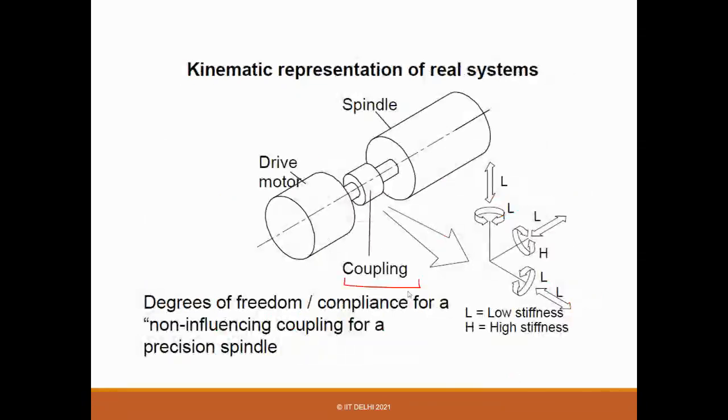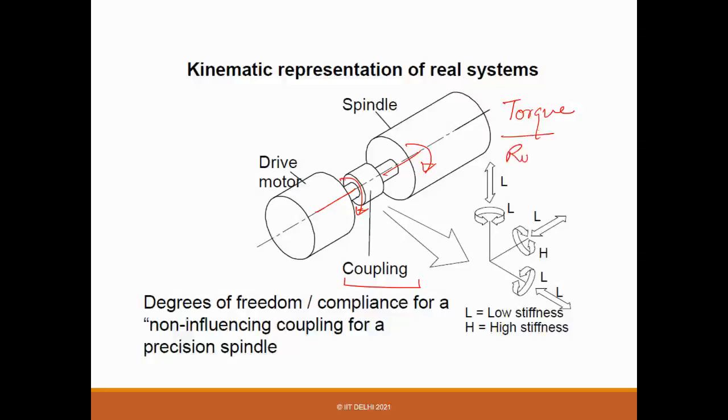But ideally, what you want is, you have a drive motor or even a shaft, and then you have a spindle or load, right? Ideally what you want is the torque or the motion, this rotational motion from the drive motor, to get transmitted.